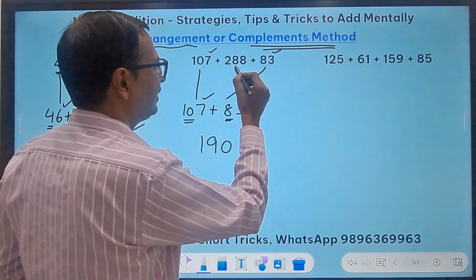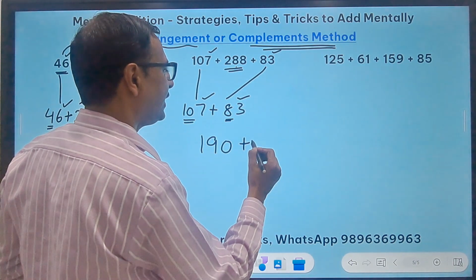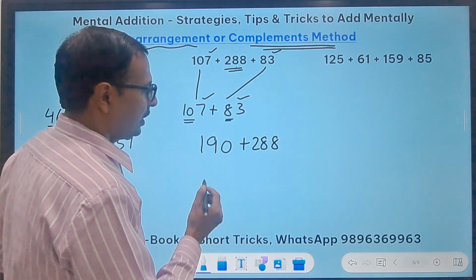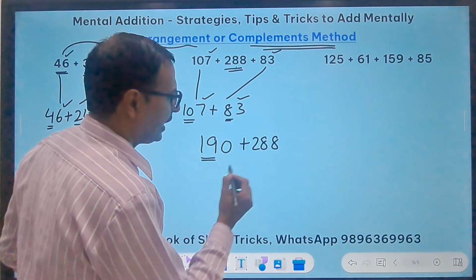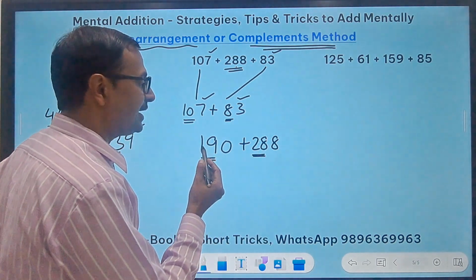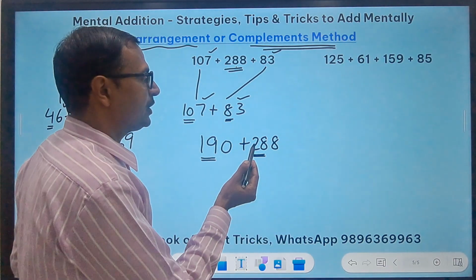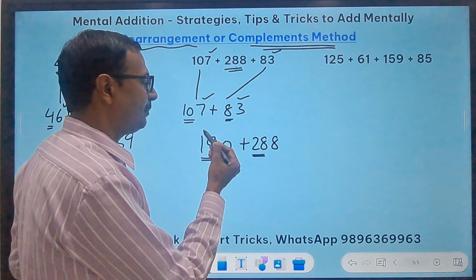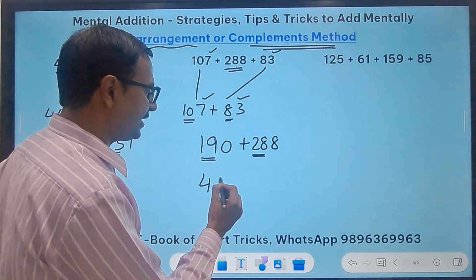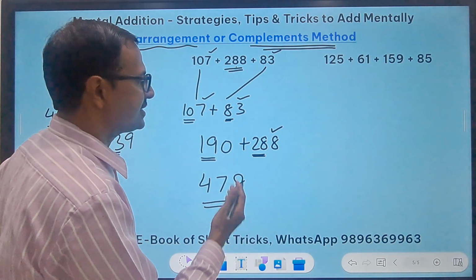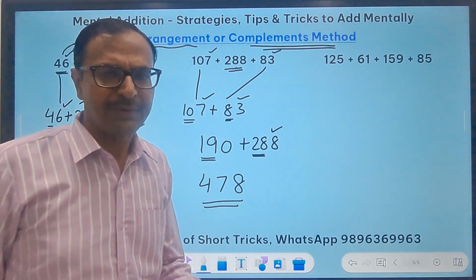See, and then add what? 288 to this result. How do you do that? By splitting method. 19 tens here and 28 tens here. Now if you are able to do 28 plus 19 in the mind, it is fine. Otherwise you can do 28 plus 20 and then subtract 1. So 48 minus 1, 47. So 47 tens and a single digit 8. 478 is the sum of these two numbers.